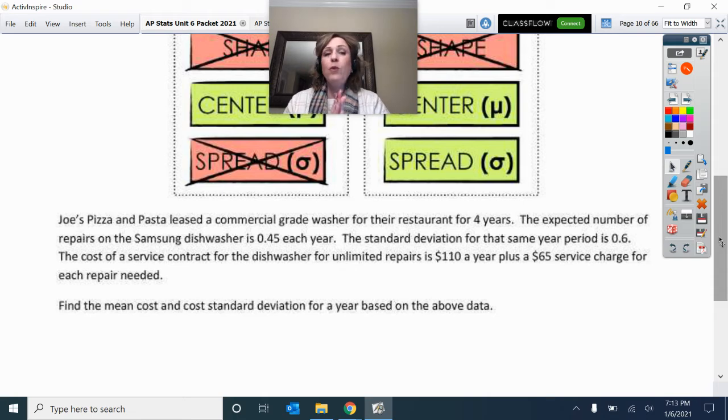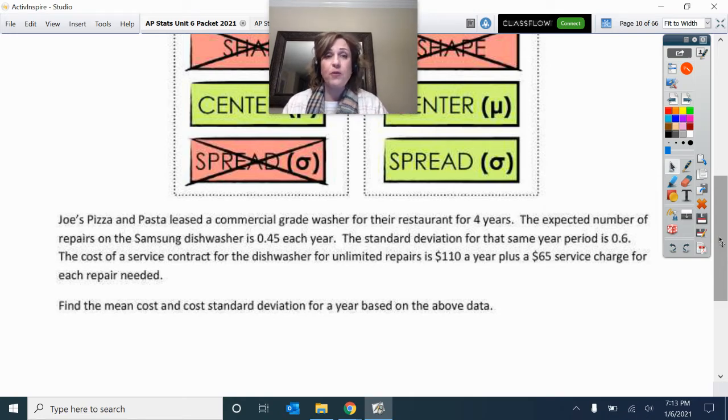Now, they want to transform those repairs into a cost function. They could purchase a service contract where they pay a flat fee of $110 plus a $65 service charge for each repair.